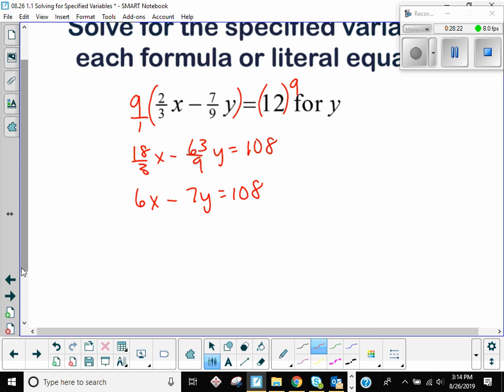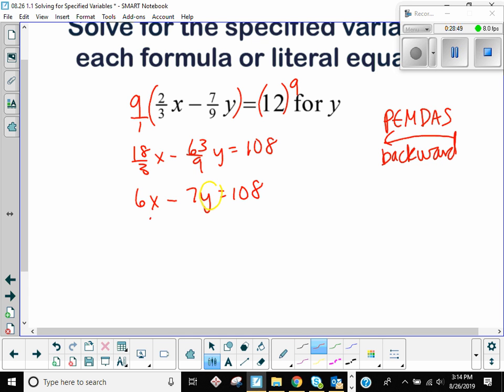So then from here we want y by itself. So this is a good PEMDAS backwards problem. You find the y. And here's what's happening to the y right now. Times the negative 7 plus the 6x. So if you're doing PEMDAS backwards, which are you going to undo first?